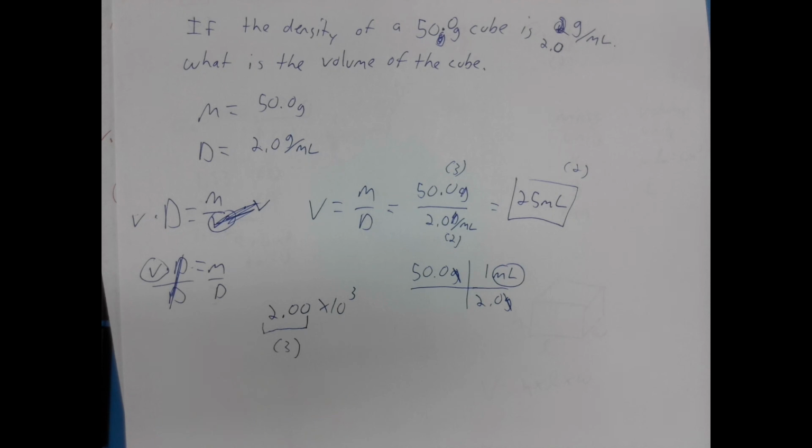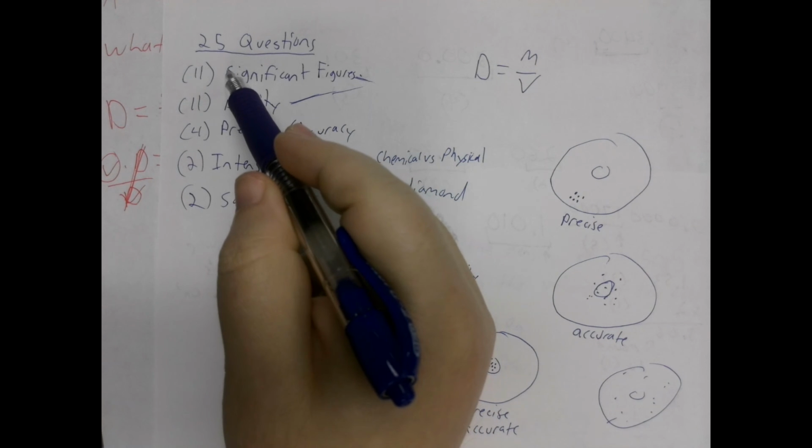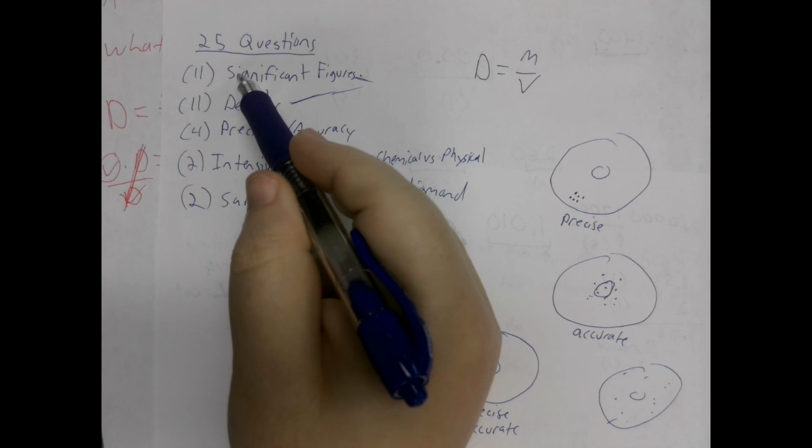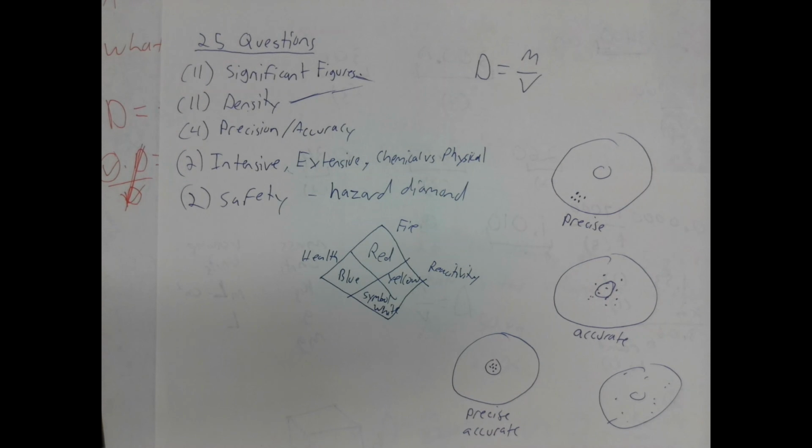So, are there any questions? Again, looking at what the test is mainly over, I would say well over half your test is going to be over density and significant figures. Make sure you get significant figures down, and make sure you can solve.